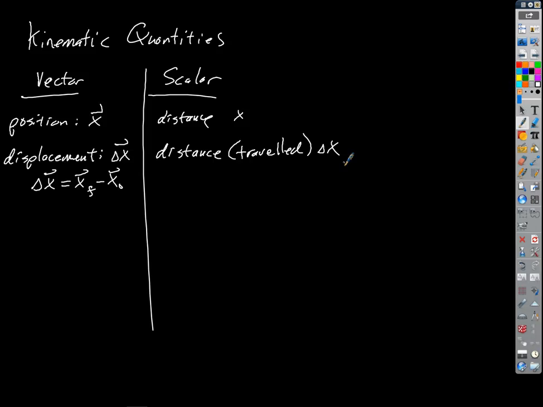Okay. We talked about velocity. I'm going to call it average velocity. So average velocity, when we have an average quantity in physics, we denote an average by putting a bar over the top. That means average.